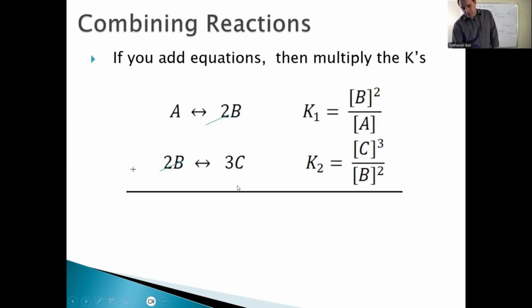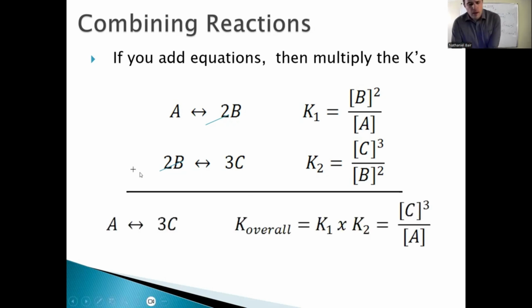So there you go. This one I have had to do, and you might have to do in the acid-base chapter. If I have a diprotic acid that gives off 2 acidic hydrogens, we can get the overall equilibrium constant for a multi-step reaction. Here's what I mean. Again, this is kind of like Hess's law. If I have A turned into 2B, but then the 2B turns into 3C, this would be that reaction intermediate thing where it's made and then used up.